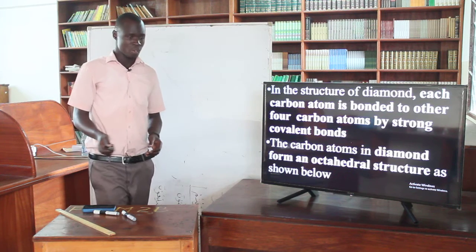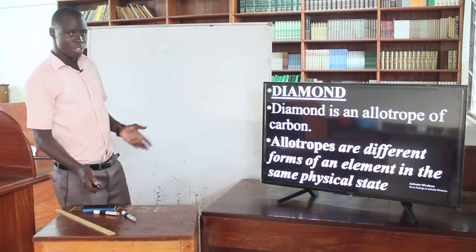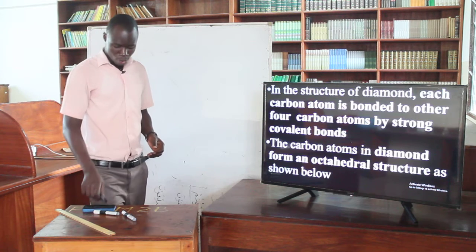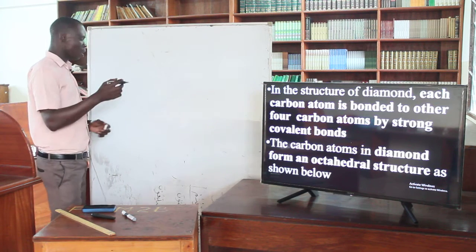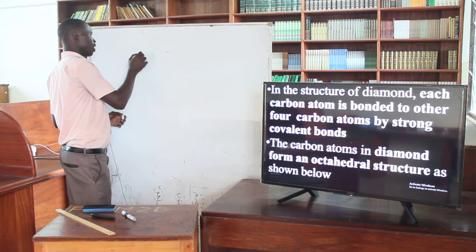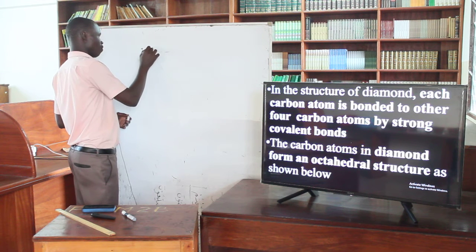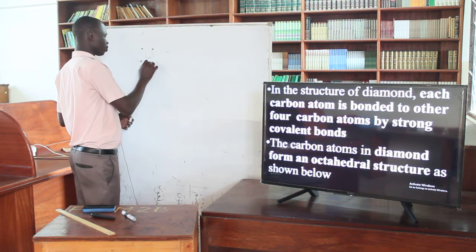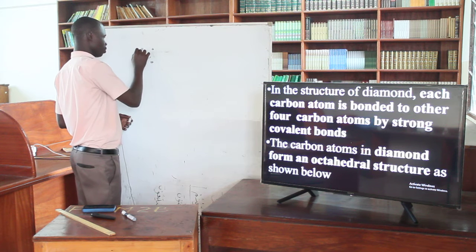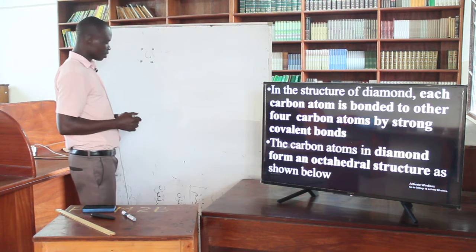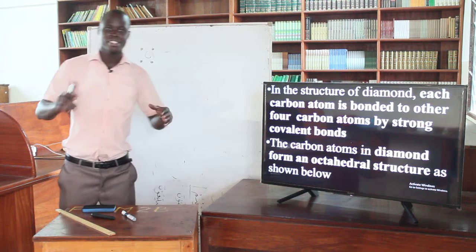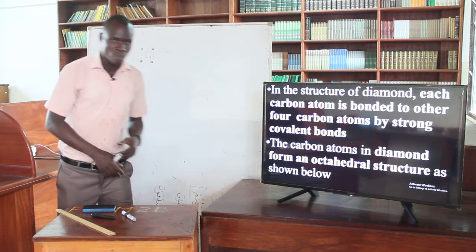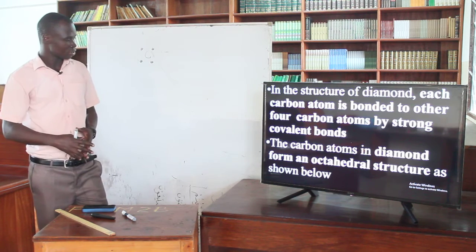So what is diamond? In diamond, we find that carbon has 4 valence electrons.